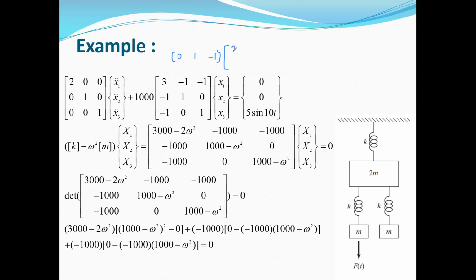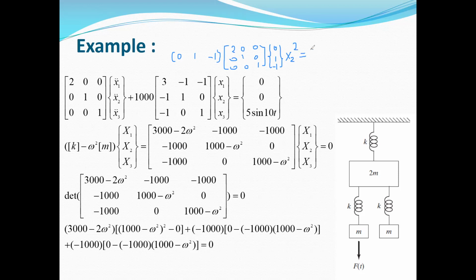We have the mass matrix 2, 0, 0, 0, 1, 0, 0, 0, and 1, and it must be multiplied by 0, 1, and minus 1, which is the second mode shape. I'm writing the equation to normalize the second mode shape, and also we have x2 squared.